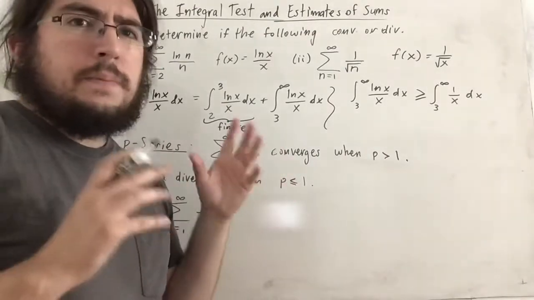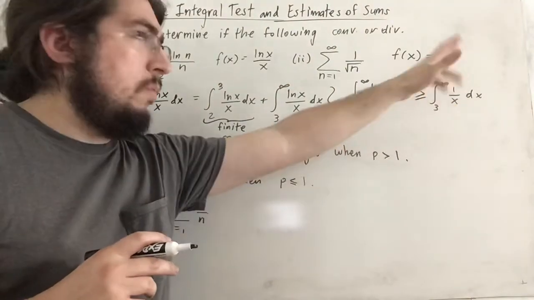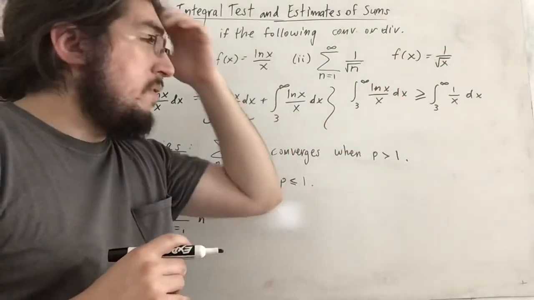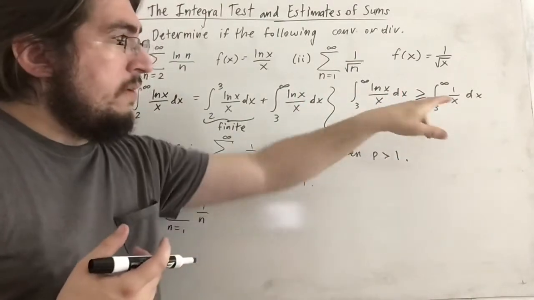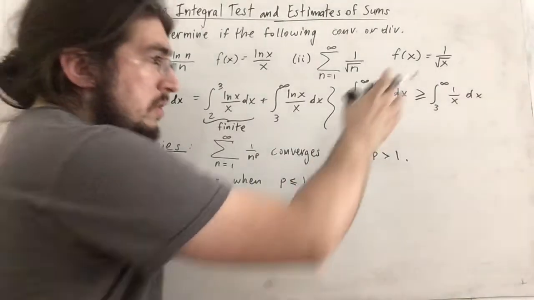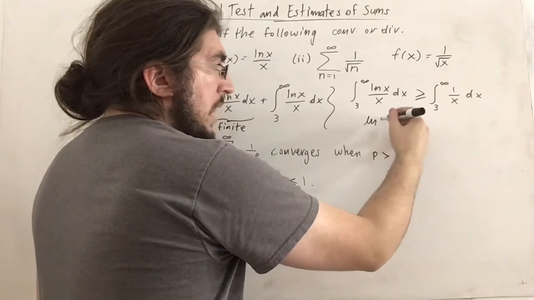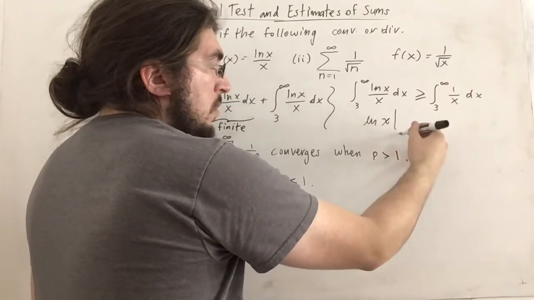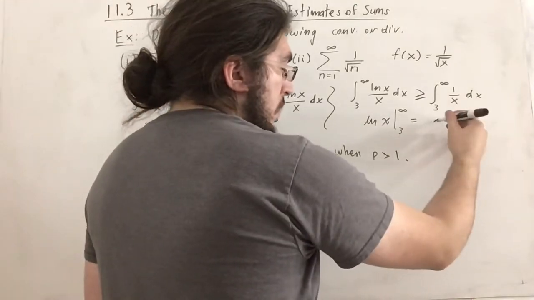Now this, we've seen this, going back to 7.8, if you remember, I believe I called it a p-integral, where we have 1 over x to a power. If the power of x was 1 or less, and you're going from a finite number to infinity, then the integral actually diverges. So this diverges. But again, just to show you, we can take the antiderivative. So it's ln of x evaluated between 3 and infinity, and when you plug that in directly, you just get infinity.